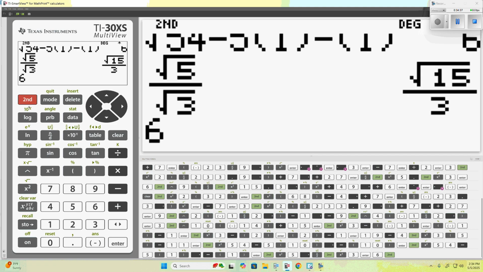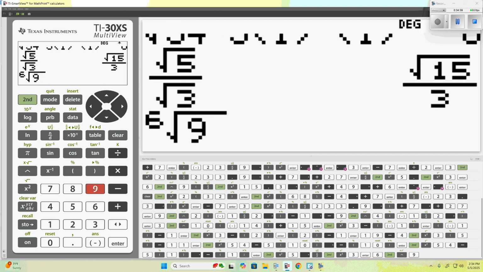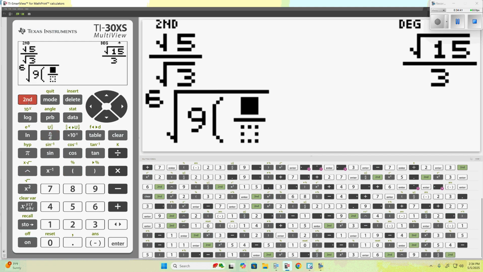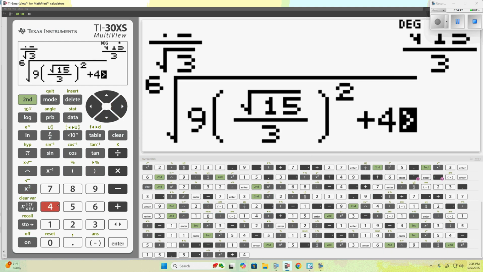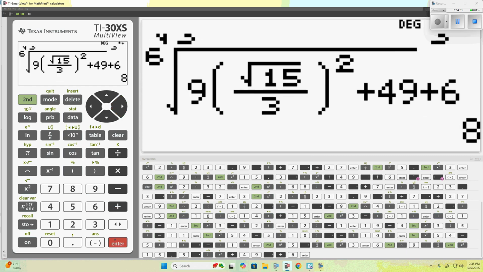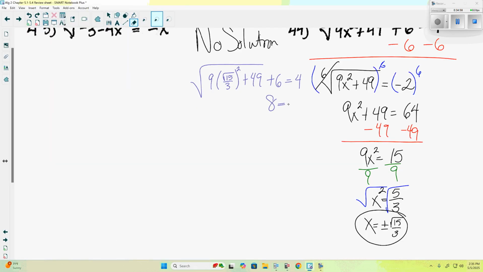So the 6th root of 9 times square root of 15 over 3 squared plus 49, plus 6. It gives us, yes, 8 is equal to 4. It's not true.